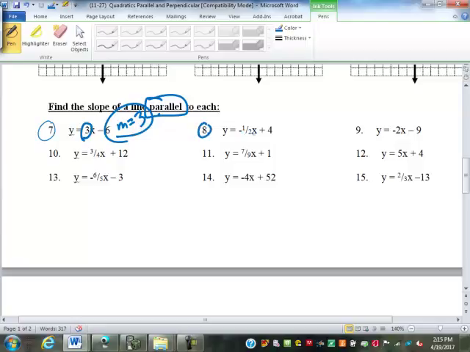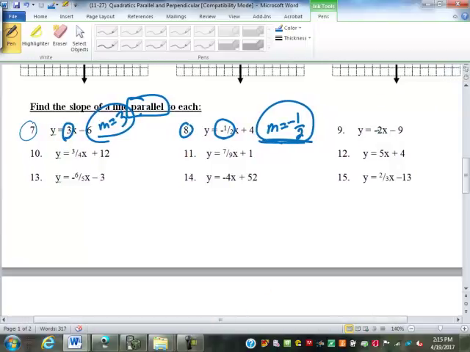For number 8, what's the slope of that line? Careful. Negative 1/2. So that line has a slope of negative 1/2. The slope of a line parallel to it will have a slope of negative 1/2. Number 9, what's the slope of that line?